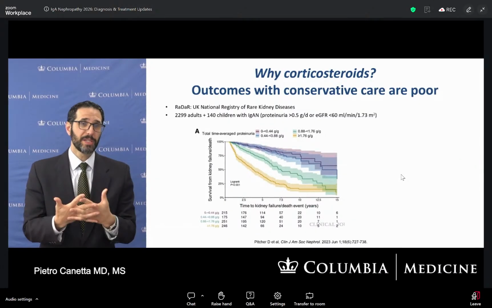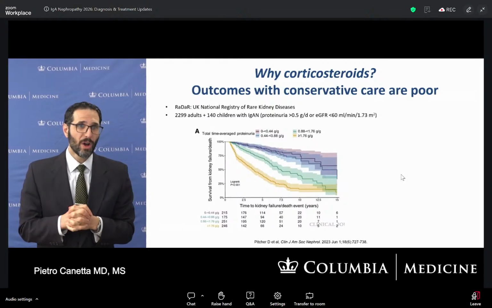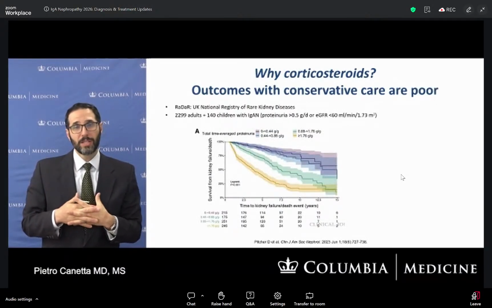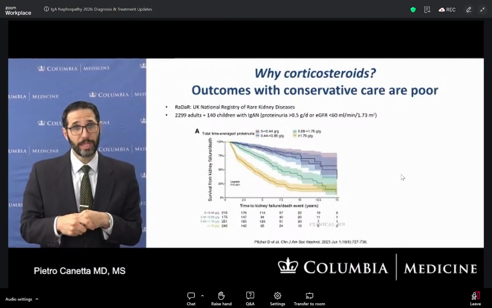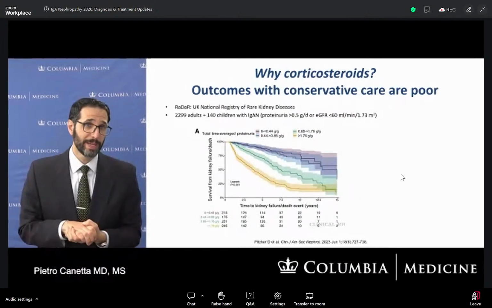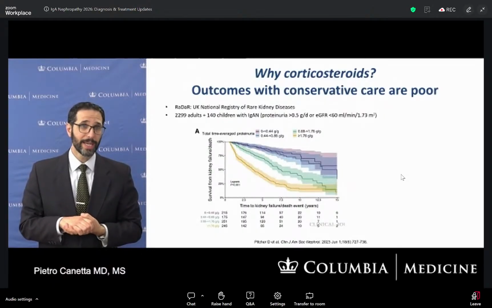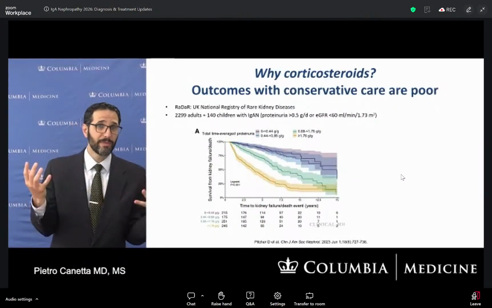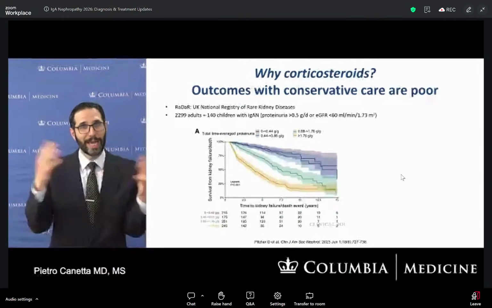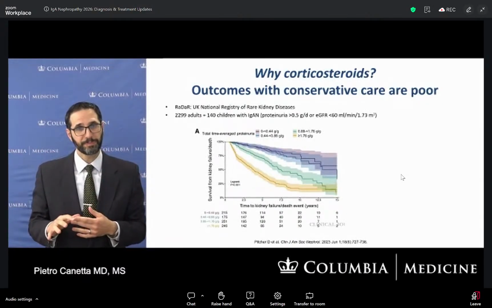And so this is data from the RaDaR, which is the United Kingdom National Registry of Rare Kidney Diseases. And so this is a group of patients where really very little to no corticosteroid use has been historically employed against IgA nephropathy. So you can think of this as a natural history study in the setting of patients who are getting supportive care.